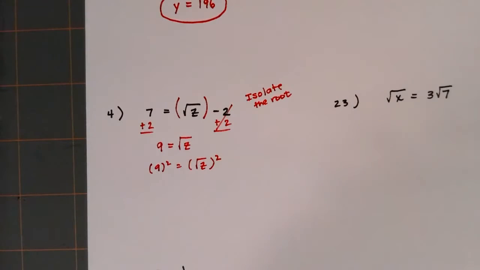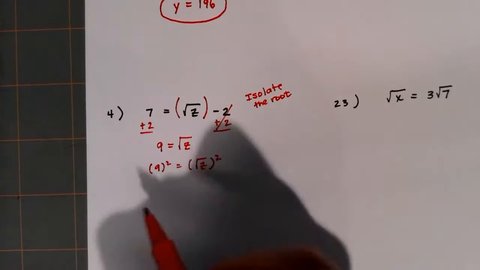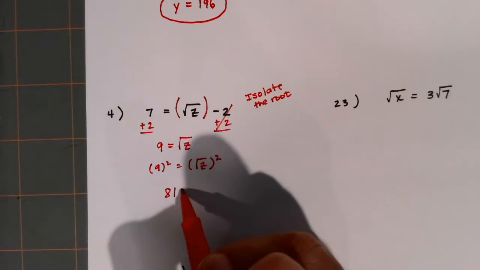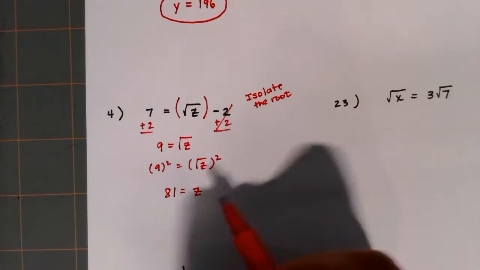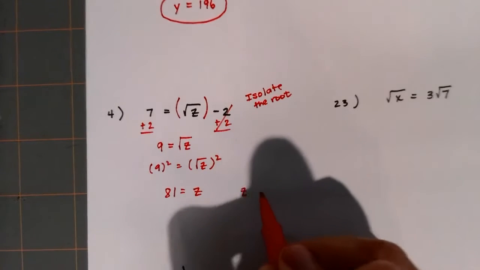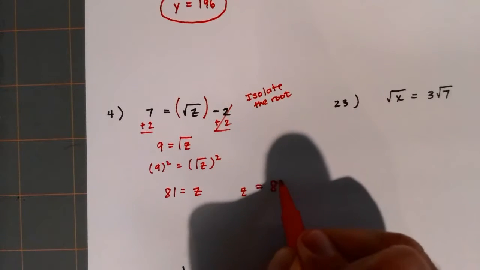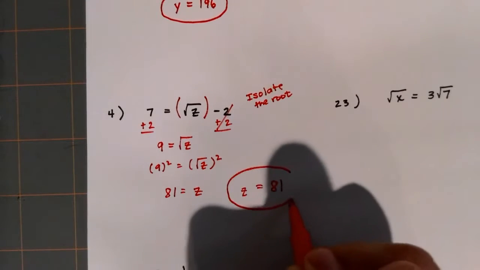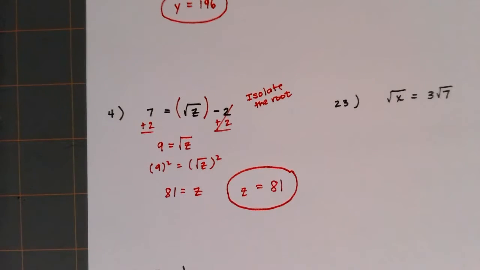If I were you, I would just square it above. So I get 81 equals z, and that's my answer. I probably would put the z first. Z equals 81. Boom goes the dynamite. Isolate the root. I did 2 in red. I'll go to blue.